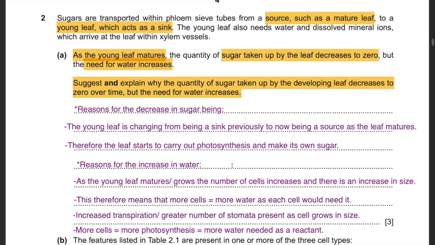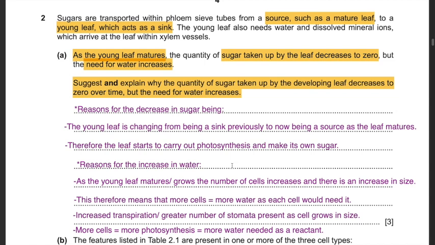Therefore, what do all sources do? They carry out photosynthesis and produce their own food. In this case, makes its own sugar. Therefore, the reason why the quantity of sugar taken up by the developing leaf decreases to 0 is because it changes from being a sink to a source, thus starting to carry out photosynthesis and making its own sugar. Why does the need for water increase?